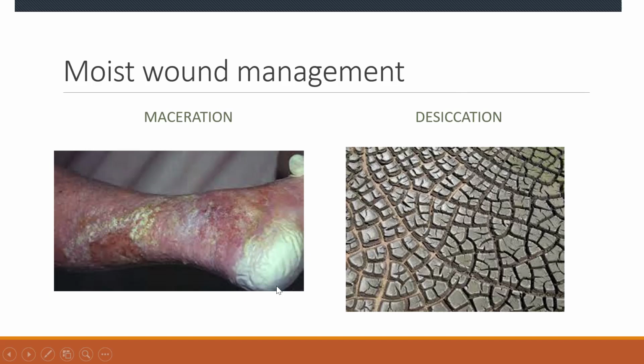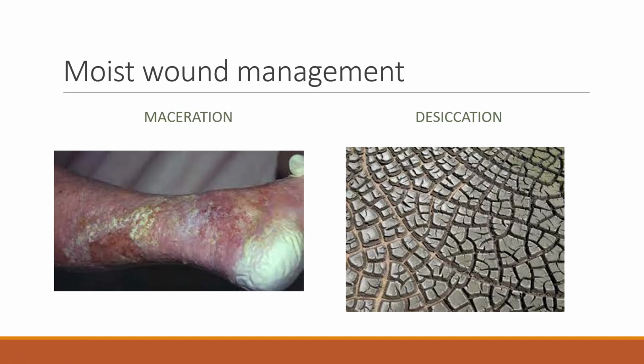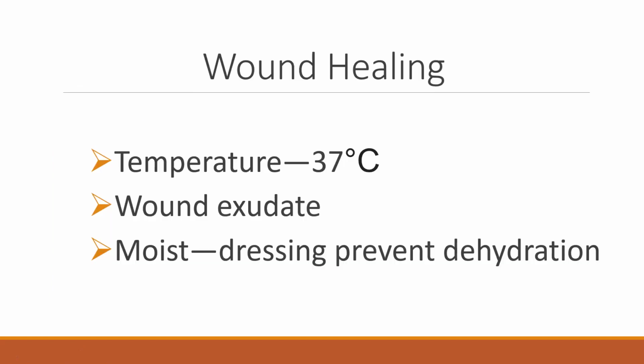If you see any white areas on the skin, that means it's dead skin. So when it's too wet, the skin gets soaked and dies. So how to maintain moderate moisture is very important in wound management.